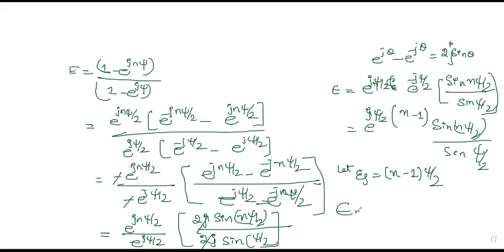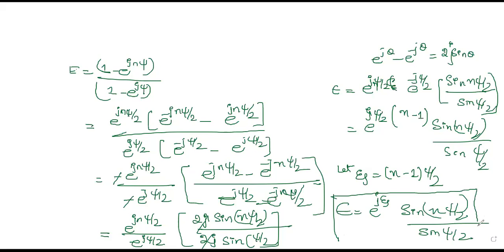So I can write it as E is equal to e to the power j eta, with this term sine n psi by 2 divided by sine psi by 2. If your angle is 0, then you will be left with only sine n psi by 2 by sine psi by 2. Now here you have to apply the condition of limit.